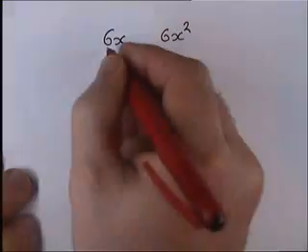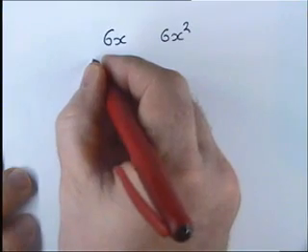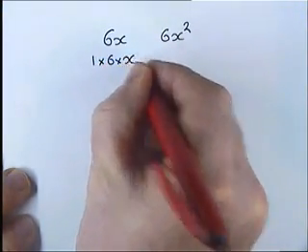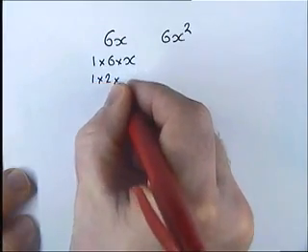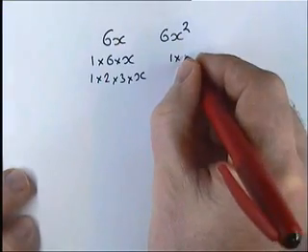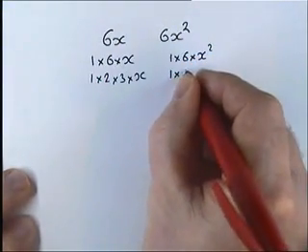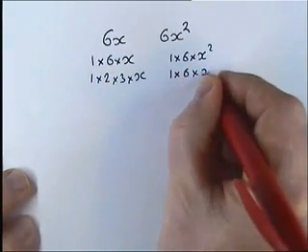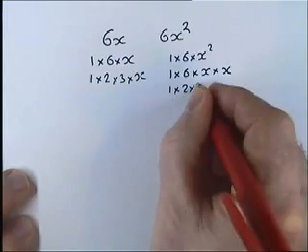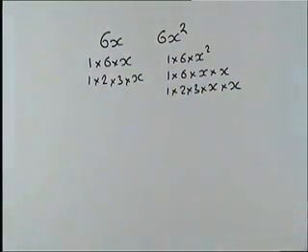Okay, the highest common factor in this case is 6x, because we've got 1 times 6 times x, 1 times 2 times 3 times x, 1 times 6 times x squared, 1 times 6 times x times x, and 1 times 2 times 3 times x times x.